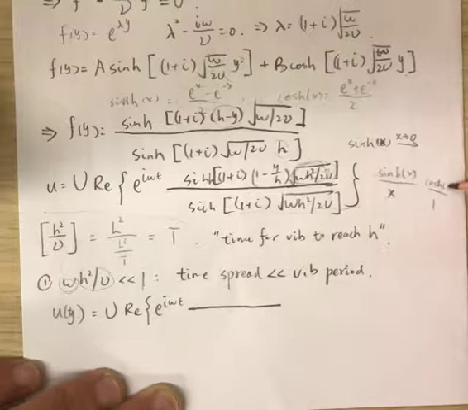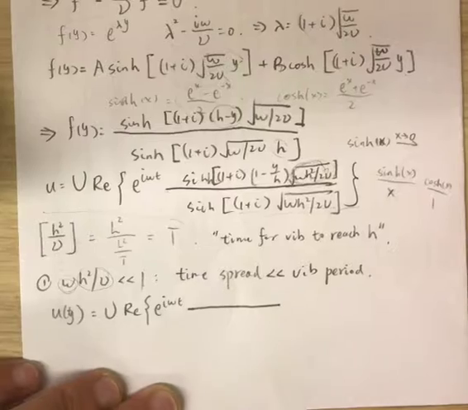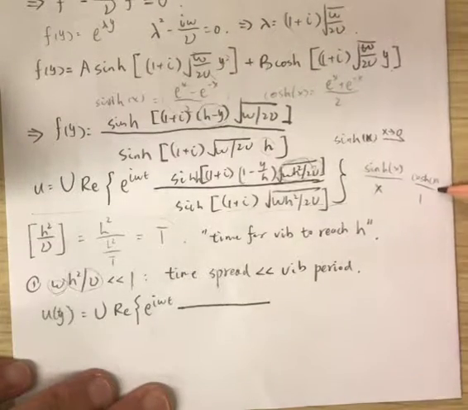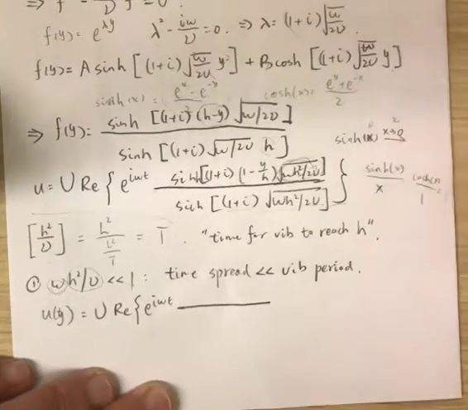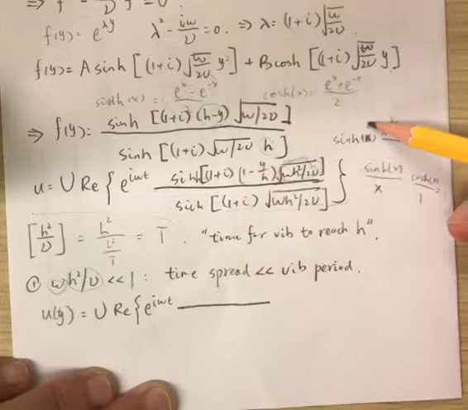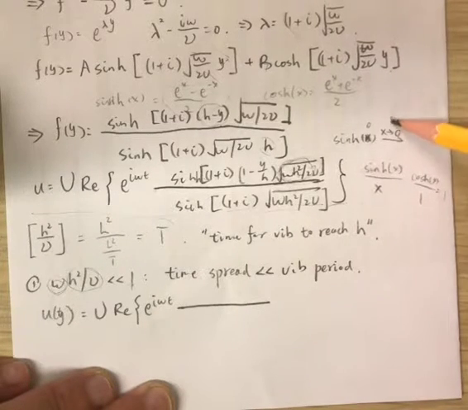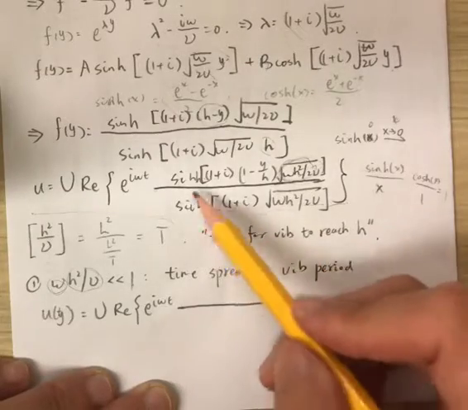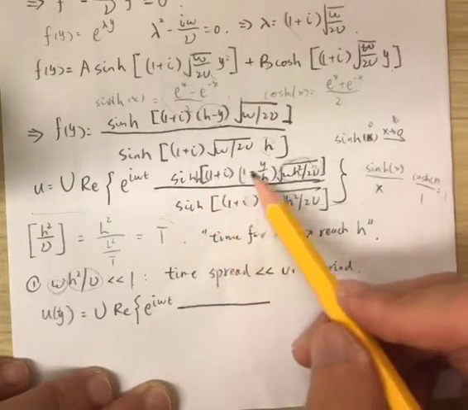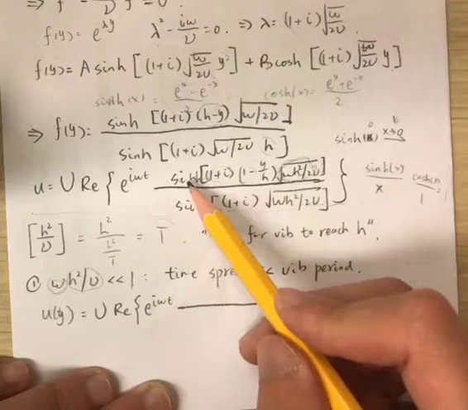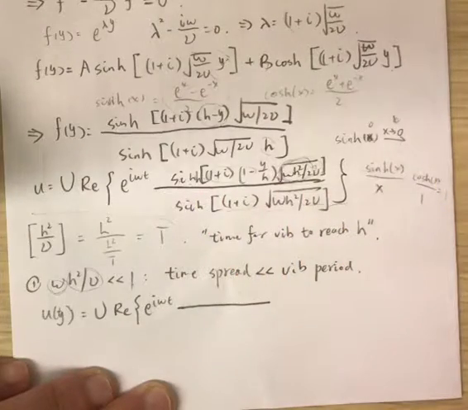And cosh x at x equals 0 is just 1. So this thing will give us 1, which means when x is very small, sinh x is of the same order of magnitude as x, right? So here, we can just use the argument of sinh to represent the sinh.